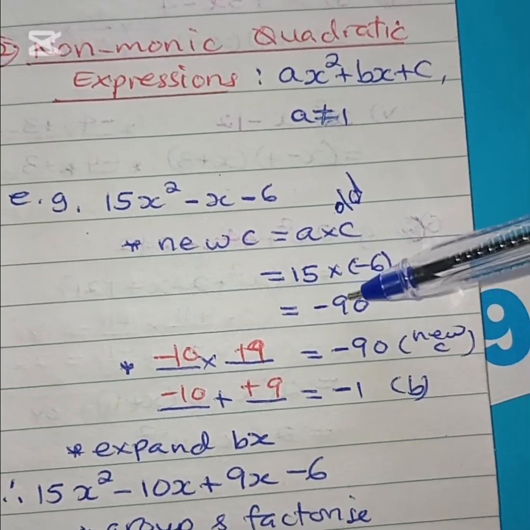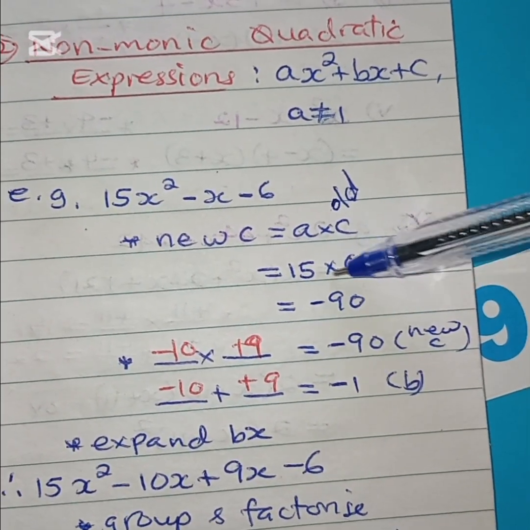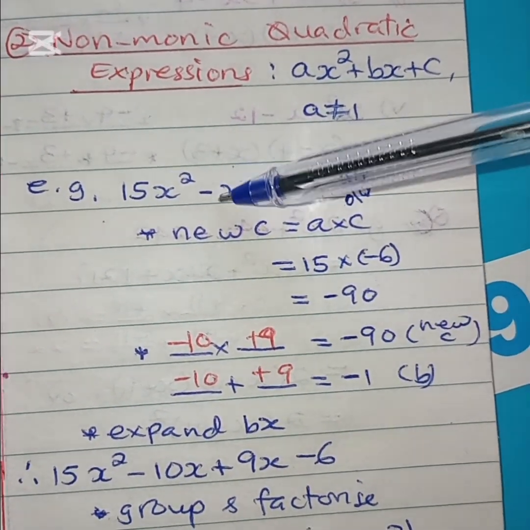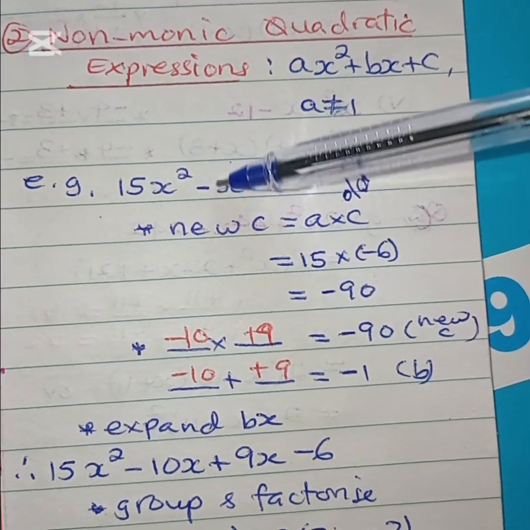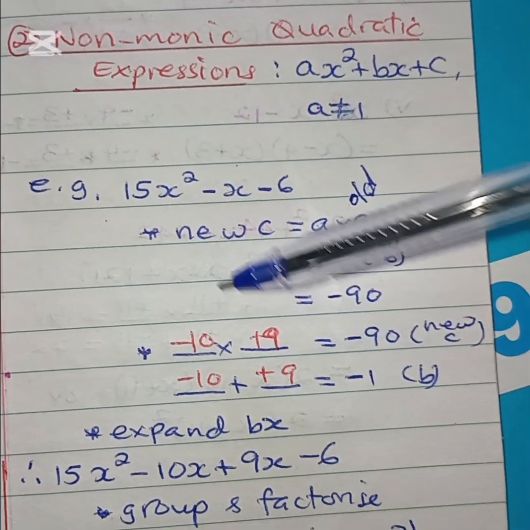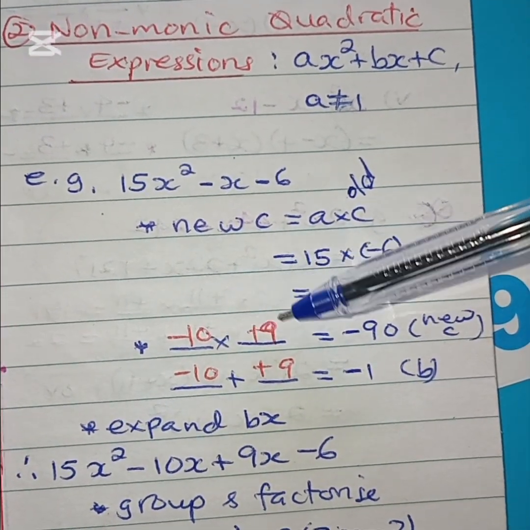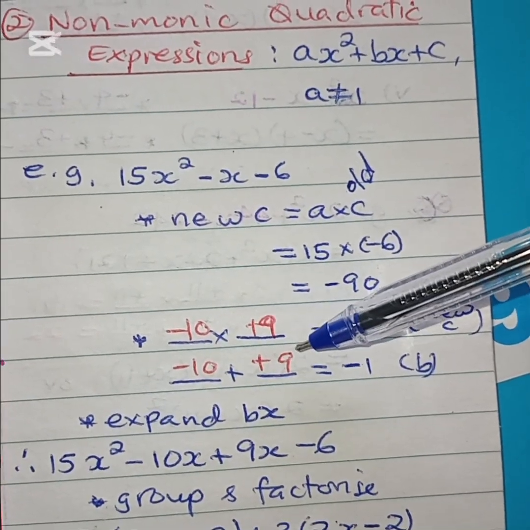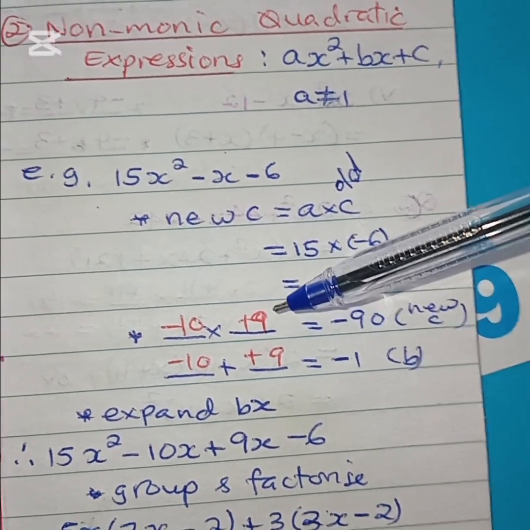Now we find two factors of the new c value that will add to give the b value, which is negative 1. These two numbers are negative 10 and positive 9. Okay, we don't factorize yet.